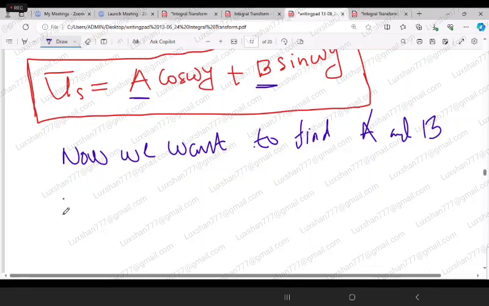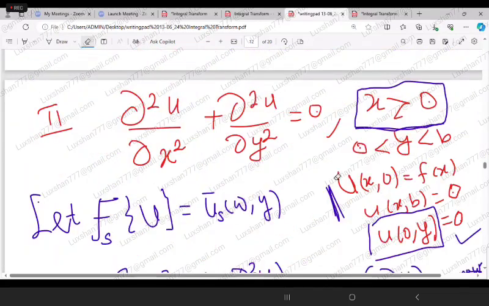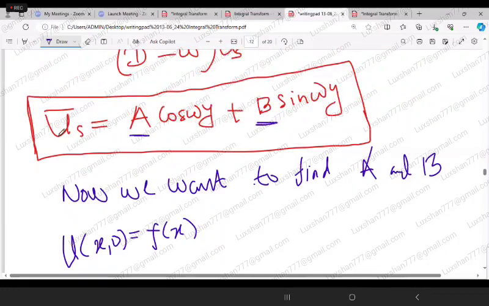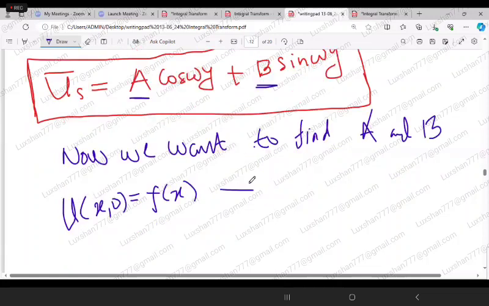But we know this one. u(0, y). What are the conditions? Sorry, we have u(x, 0) equal f(x). But the function we have is u bar. So we want to convert these to u bar(ω, 0), which is what we want to find.